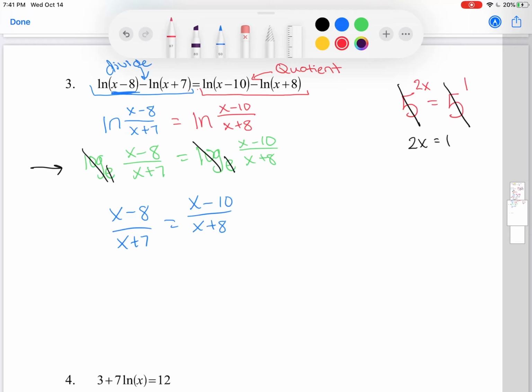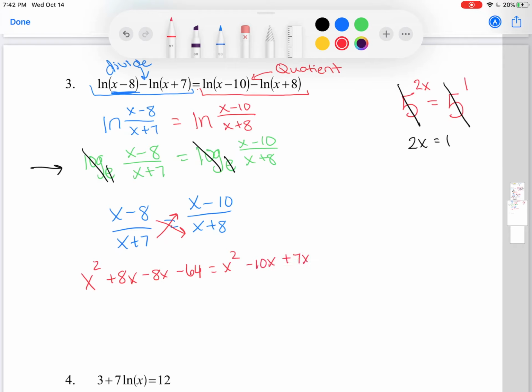Okay, so now I have 2 fractions. I can still keep them equal to each other, but with 2 fractions on either side of an equal sign, I can cross multiply. So let's go ahead and do that. I'm going to write down every single term as I cross multiply.